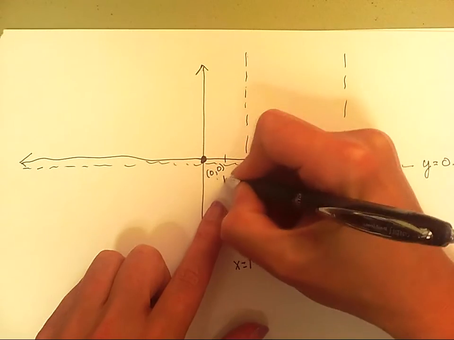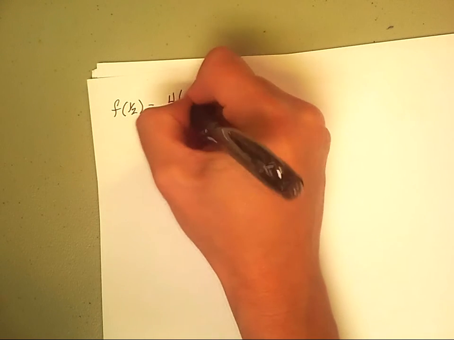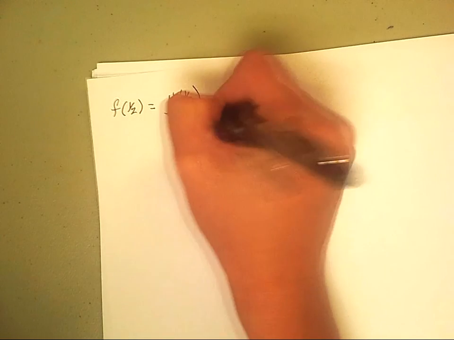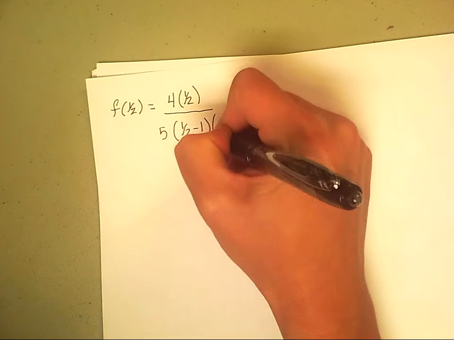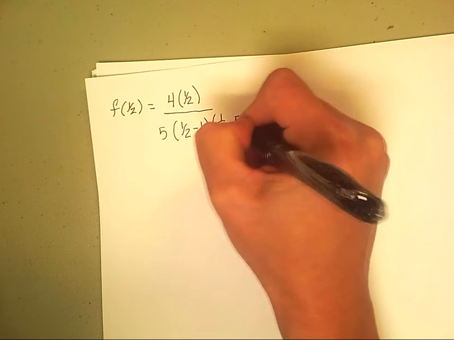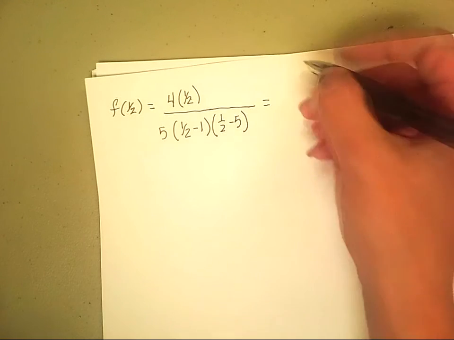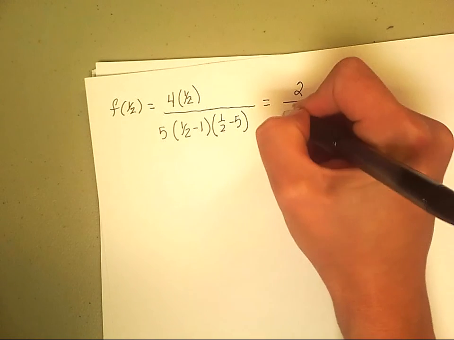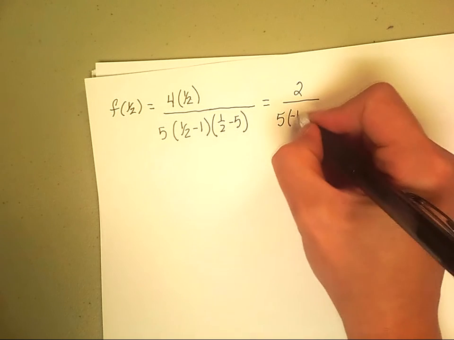Let's see what's happening at, say, x equal to 1/2. We put that back into the function, f of 1/2, which is equal to 4 times 1/2 over 5 times (1/2 minus 1) times (1/2 minus 5). Up top, half of 4 is 2. Below we have 5. 1/2 minus 1 is minus 1/2.